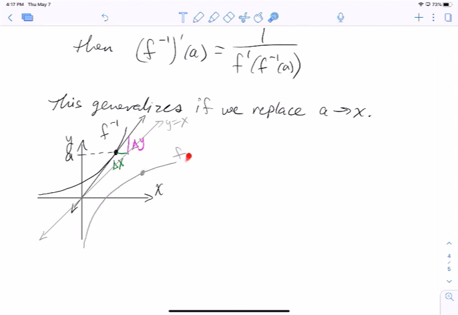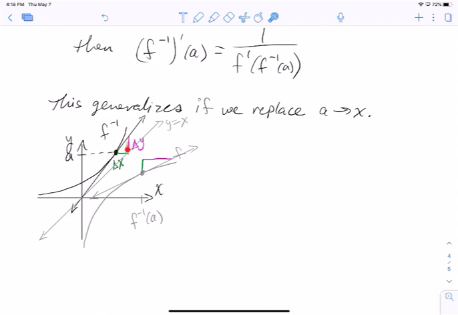So in this case, the inverse is f. And on f, there's an associated point that has an input of f inverse of a. That should make sense. a is a y value, and so the inverse of f evaluated at a should be an x value. Now associated with that point is a tangent line, and since x's and y's have all been interchanged, the rise over run has a different relationship, right?